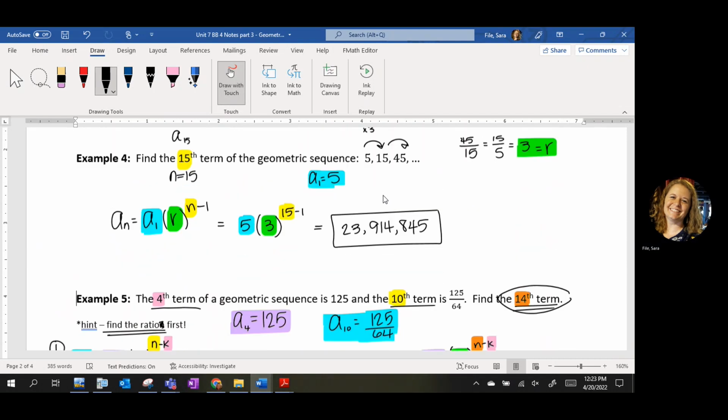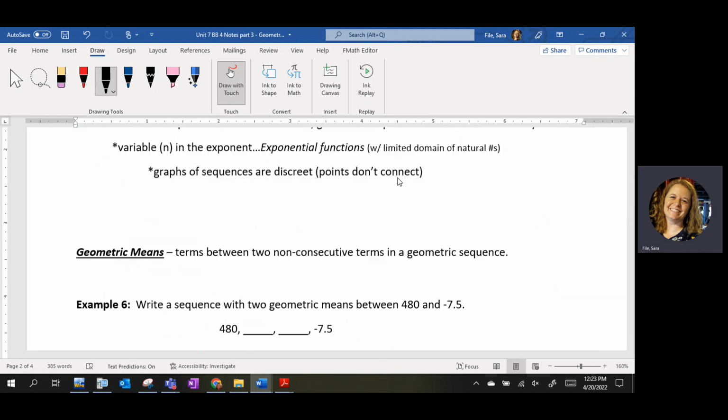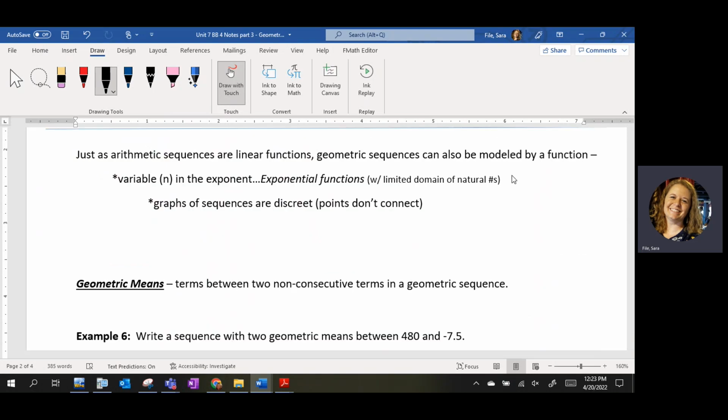Same root word. The variable's in the exponent. It is an exponential function. Okay, so that's what this is saying right here. It's saying just as arithmetic sequences were linear, geometric sequences are modeled by a specific type of function. And because the variable is in the exponent, that is exponential functions.